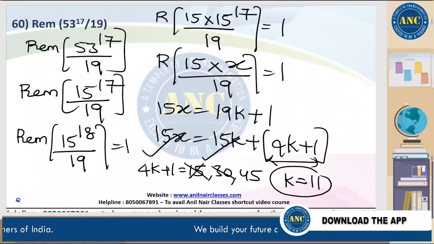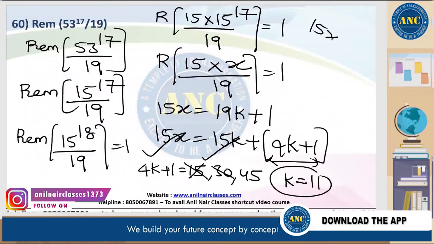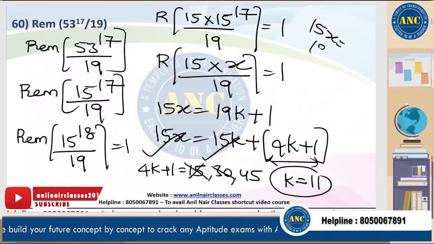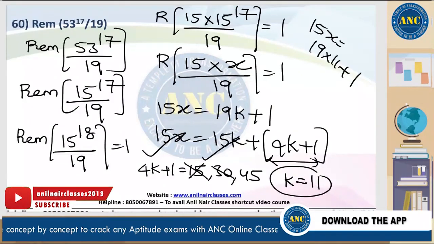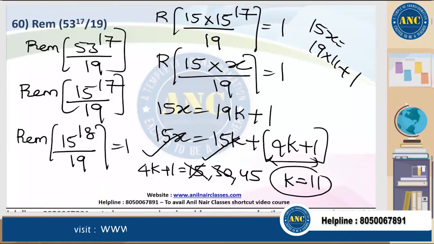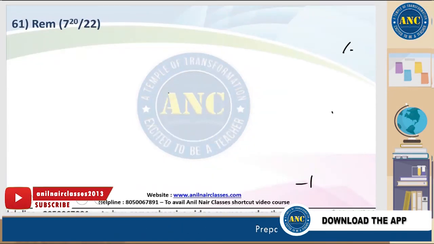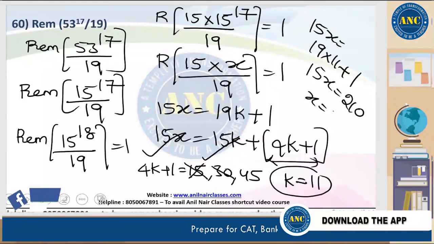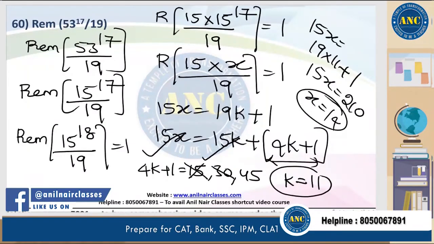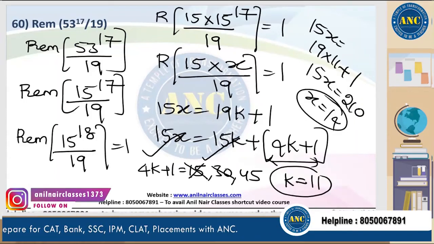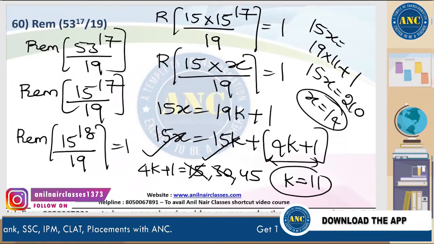If k is 11, substitute it: 15x is 19 into 11 plus 1, so 15x is 210. X will be 14. Idea clear, right? X will be 14. Backtracking for Fermat's theorem.